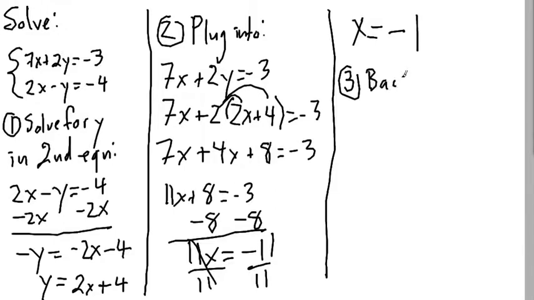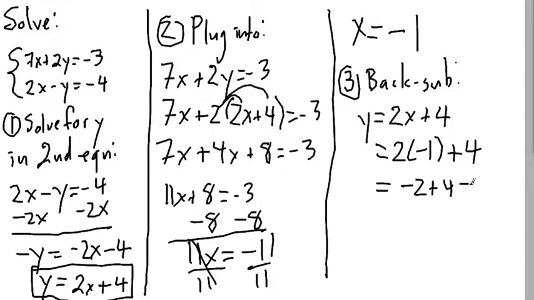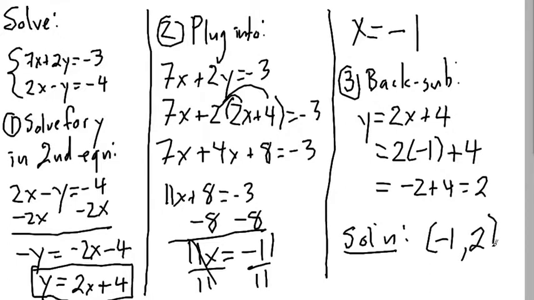Finally, I back substitute, and again I will plug x equals negative 1 into y is equal to 2x plus 4, because this is just a formula for y strictly in terms of what x is. So I have 2 times negative 1 plus 4. This gives me negative 2 plus 4, which is 2, and so my solution is (negative 1, 2).